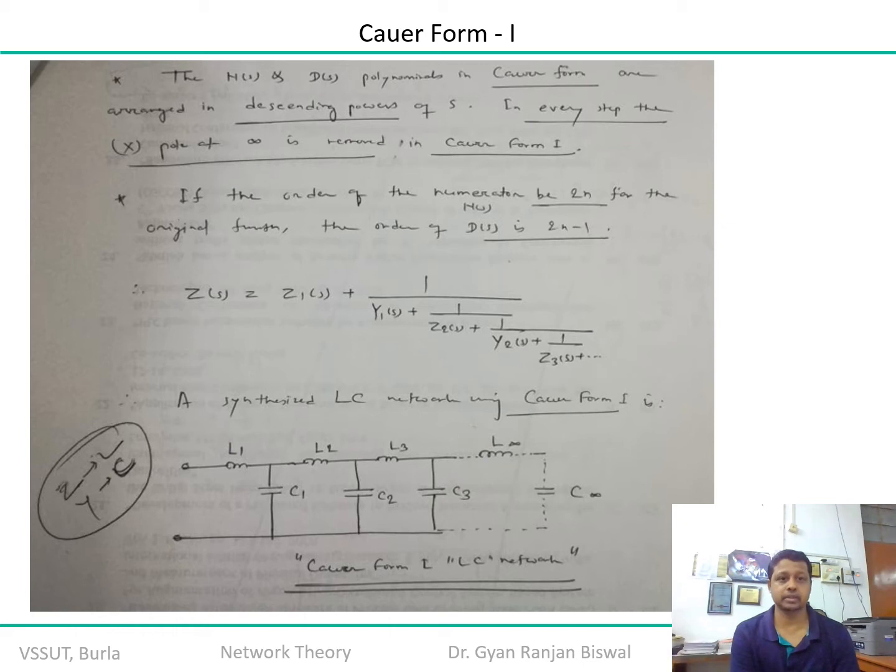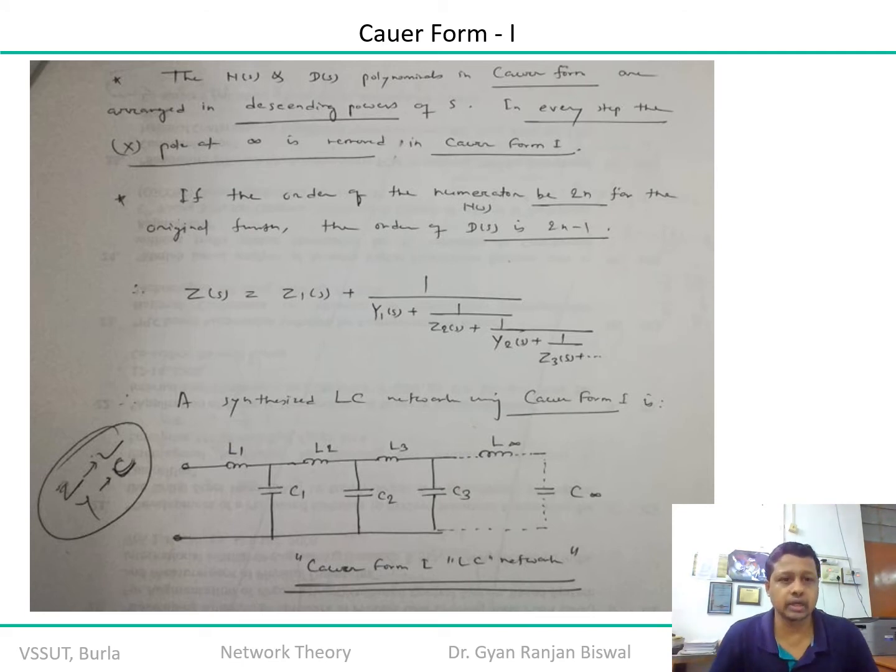But right now we consider the simplest form of application, and we are assuming that it is for the one-port network, as we have seen all the time, because the whole impedance or admittance of that particular given transfer function or network is seen from one end only. Remember, it is either the impedance of the whole white box or the admittance of the whole white box. So it is a realization in the form of a one-port network, so that you can give a return path to the current, to complete the cycle.